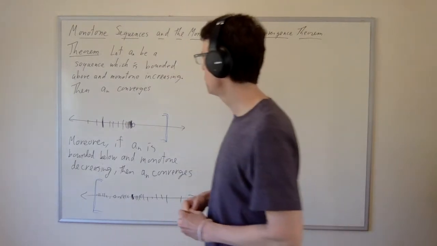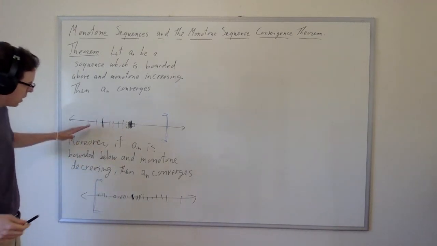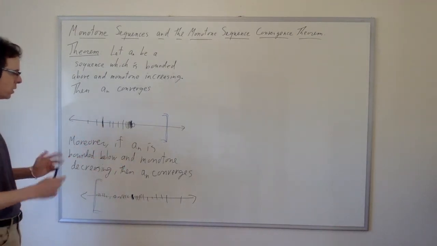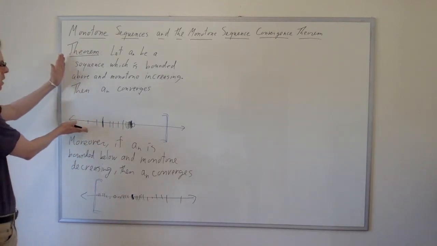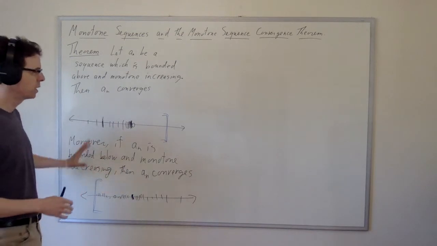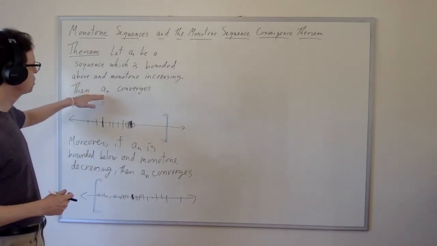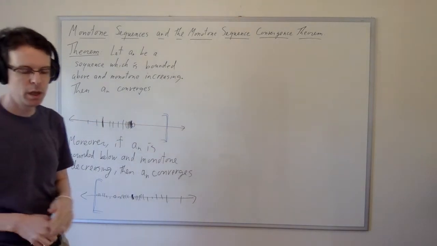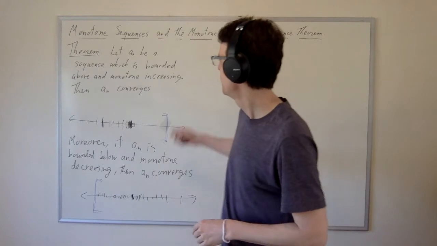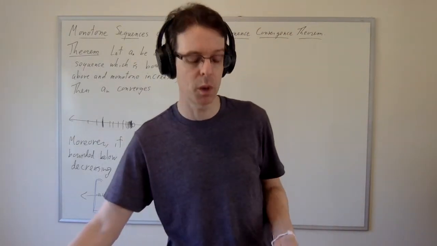What we're going to do is ignore the latter statement, which is about a bounded below and monotone decreasing sequence, and focus all of my attention on the bounded above and monotone increasing sequence. This case is basically the same thing upside down. To prove this, we need to show that an converges. The hardest thing about proving that an converges in this context is we don't know to what it's supposed to converge.